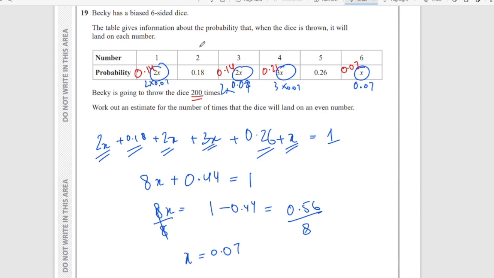Even numbers are 2, 4, and 6. First we add their probabilities, which is 0.18 plus 0.21 plus 0.07, equal to 0.46. And then we multiply it by 200, because it's happening 200 times. That gives 92. So the estimate is 92 times that it will land on an even number.